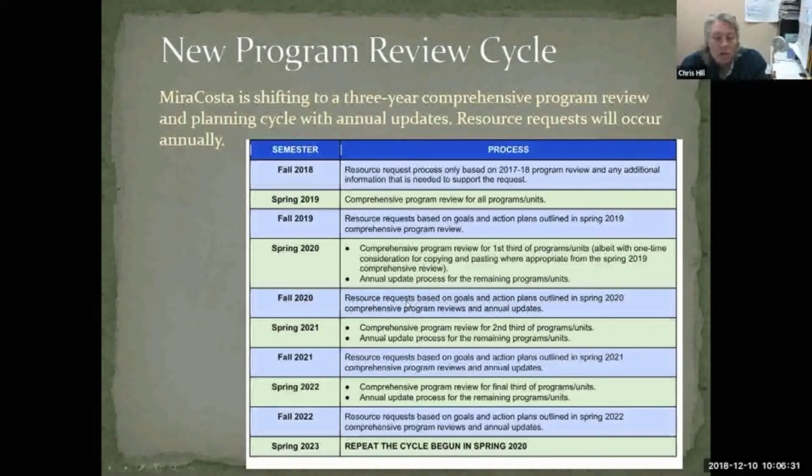So in fall 2020, everyone will do resource requests based on either their second comprehensive program review for 1/3 or their annual updates for the other 2/3. And then you're in the regular cycle. The second third goes in the next spring, the final third goes in the next spring, and then you repeat that. So that's going to be the cycle from here forward in terms of program review and planning and resource requests in the fall.